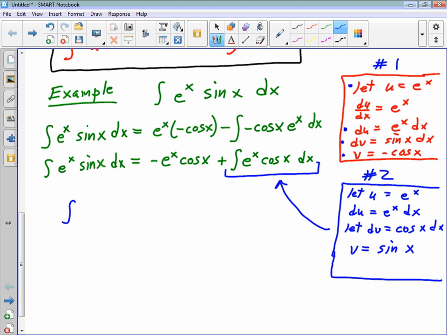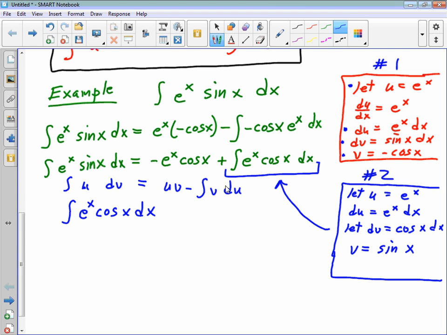The integral of e to the x cosine x dx. And maybe I should write this up here just to keep it cool. So the integral of u dv equals uv minus the integral of v du.